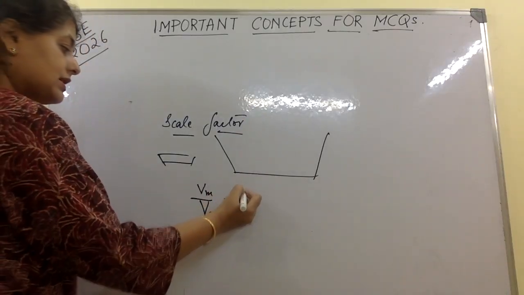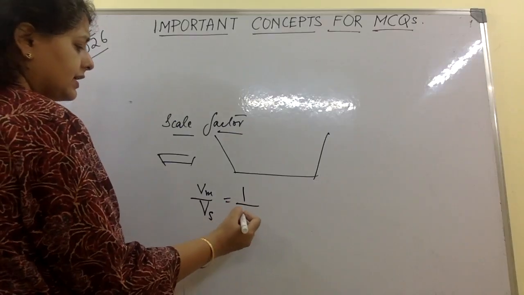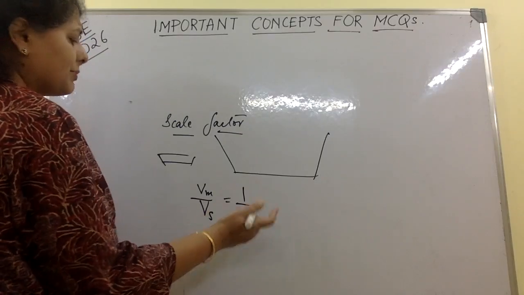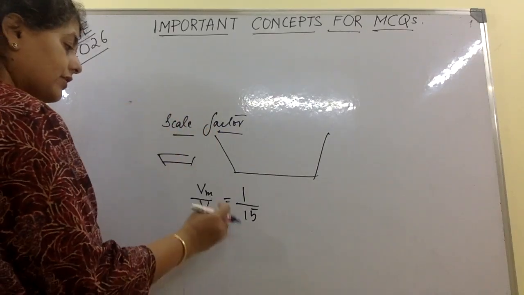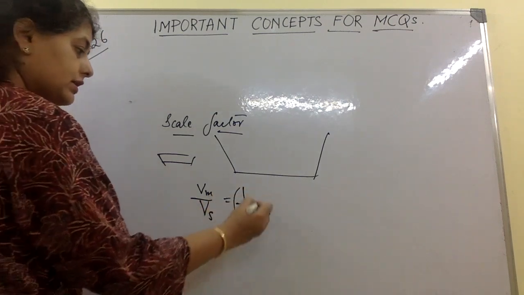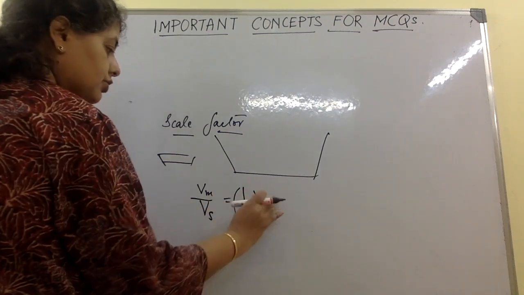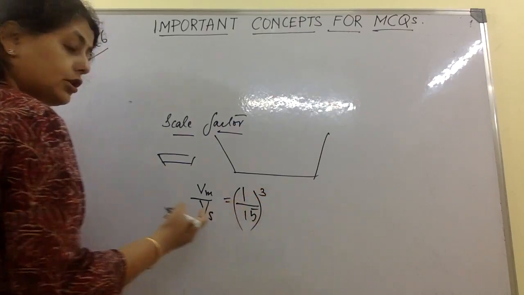This is, let's say, 1 by 15. We are not bothered about the value of the scale factor, and you have written a scale factor 1 by 15 cube. The scale factor has to be cubed, so even if it is volume, you can even write the cube here.